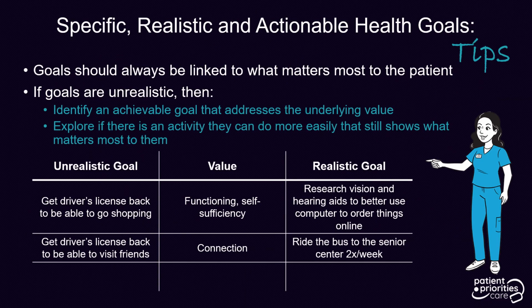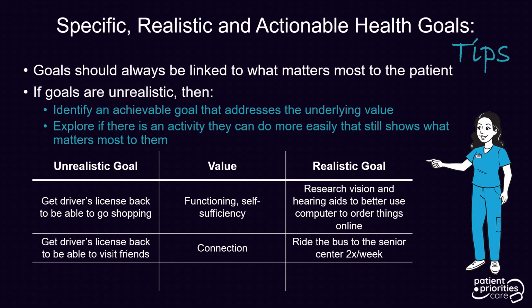Again, it is crucial that goals are linked to what matters most to the patient. If the goals are unrealistic, you can collaborate to identify a more realistic goal that still honors the same value. Having an understanding of the value underlying an unrealistic goal allows for opportunities for the patient and clinician to collaborate on more realistic options.